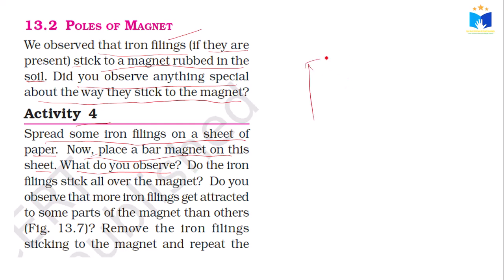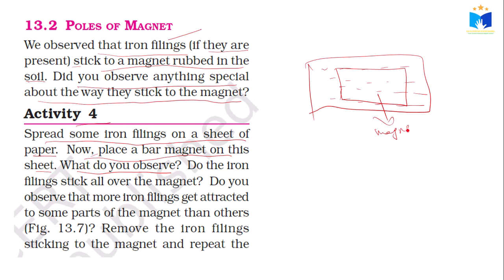So we place a paper where the iron filings are placed, and then above this we place the magnet. After placing the magnet, we can observe that all the iron pieces are going to be attracted to this magnetic bar.